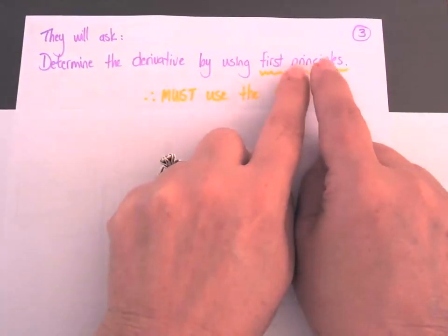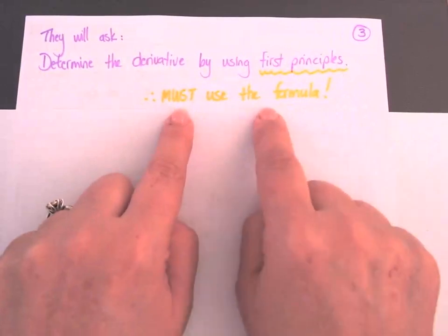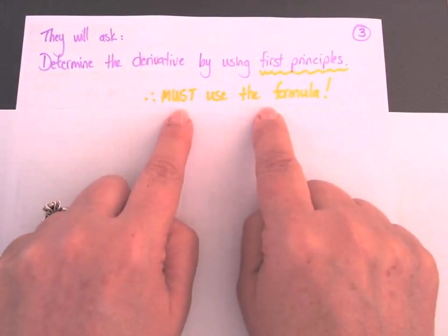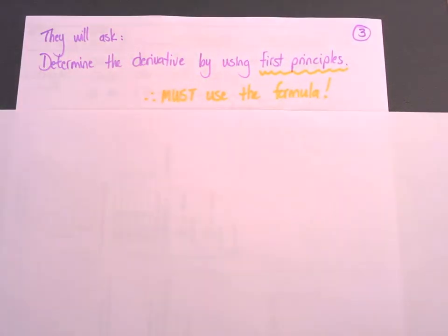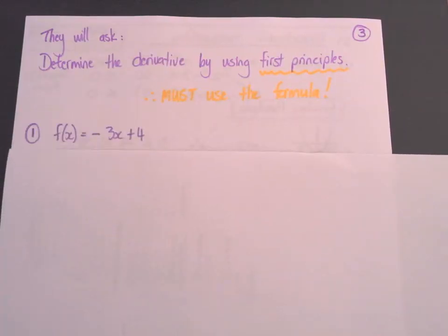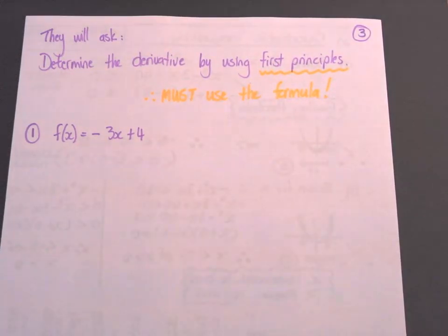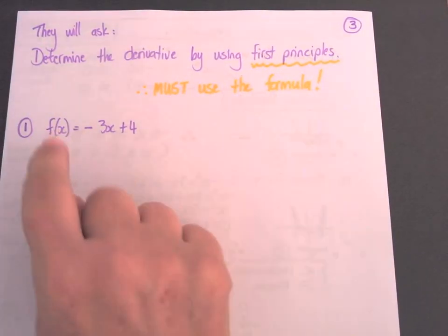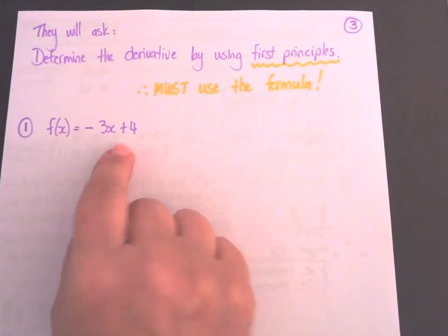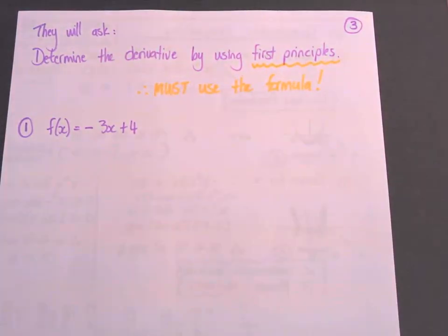If they say first principles, you must use this formula. Let's look at the first example. Determine the derivative of this function by using the first principles.